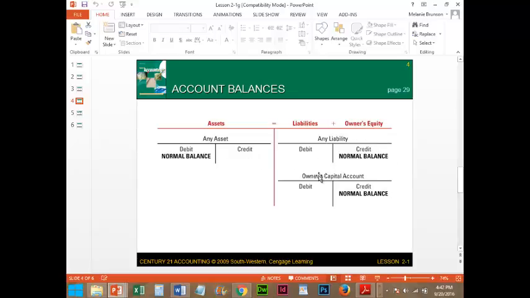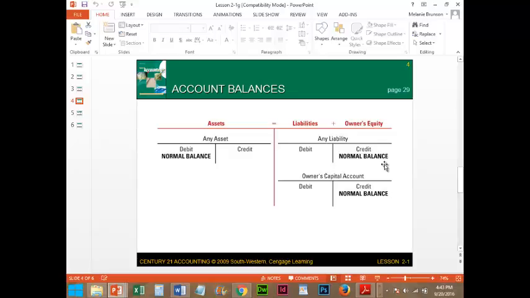Let's look at our liabilities. And remember, a liability is anytime we owe somebody else some money. Liabilities are just the flip-flop of assets. So anytime we have a liability or we get more liabilities, those are always growing as credits. So with liabilities, our normal balance is always on the credit side.